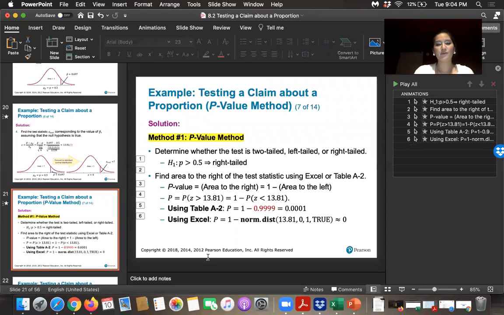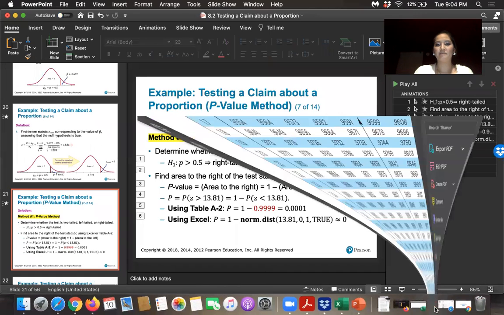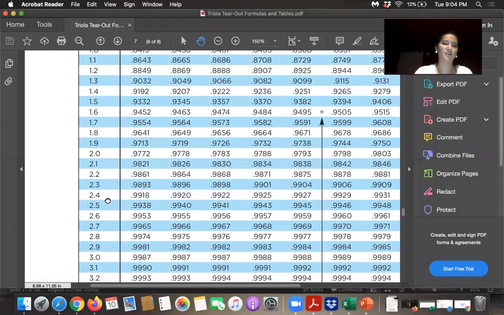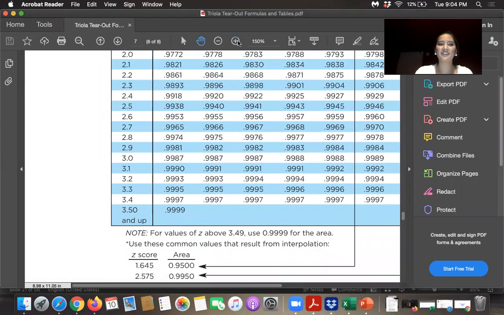Now, there is no 13.81 on your table because it's so many standard deviations above the mean, but let's look at it. Let's say you were looking for 13.81 for your z-score on your table. Well, the highest z-score on our table is this one right here. Z equals 3.5 and up. We're going to say that the area to the left is 0.9999.